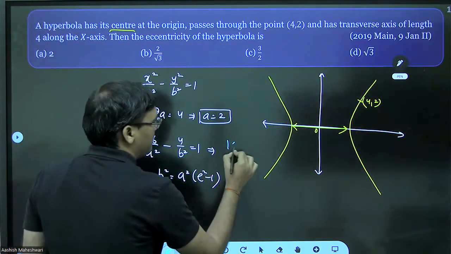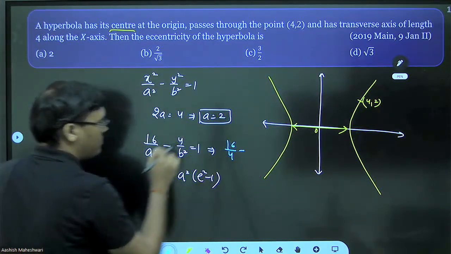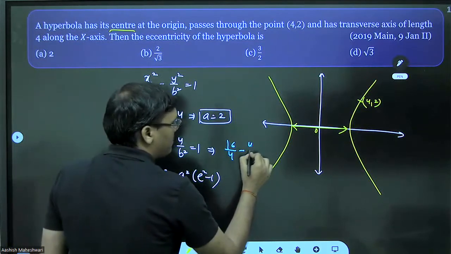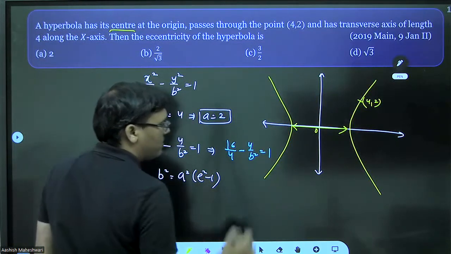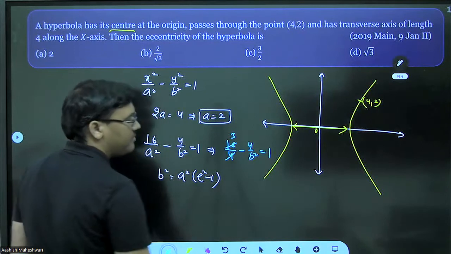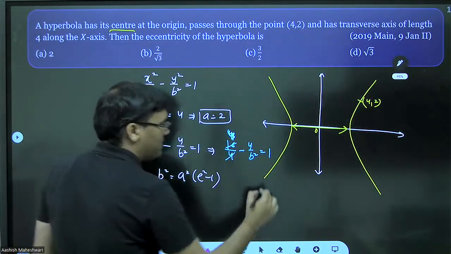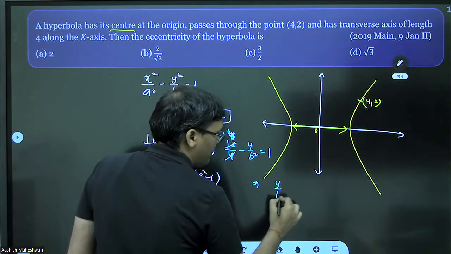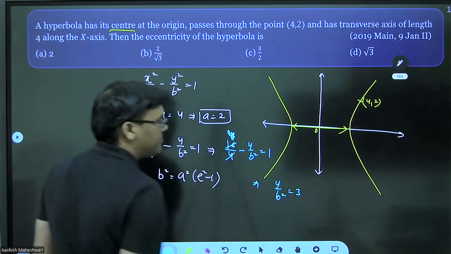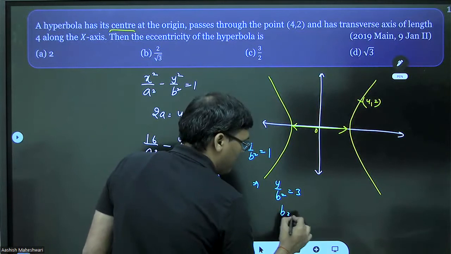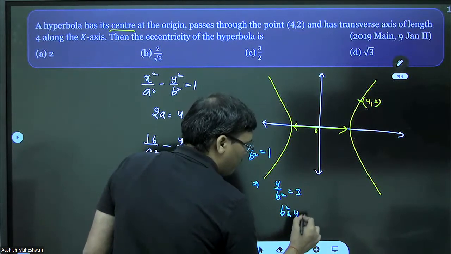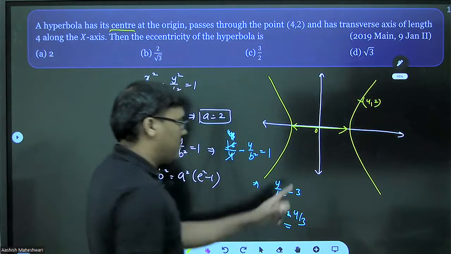The value of A is 2, so this is 16 by 4 minus 4 by B square equal to 1. Sorry, 16 by 4 is 4. 4 minus 1 is 3. So this is 4 by B square is equal to 3. So B square is equal to 4 by 3.